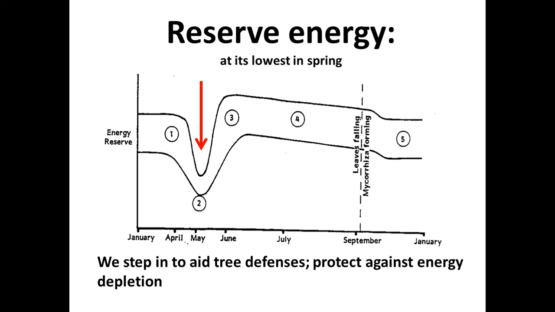Any thoughts? Well, the trees are starting to put out buds and leaves, and that's probably using up a lot of energy. Exactly. Yeah, right. Thanks for that. That stored carbohydrate reserve that the trees built up last year, when the buds activate, that's going to draw upon stored energy. So that's a steep drop.